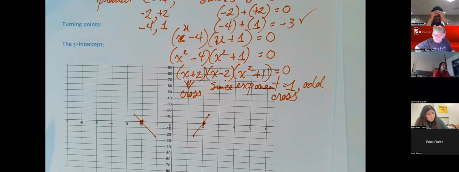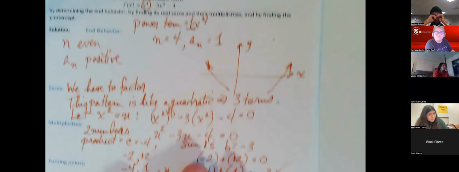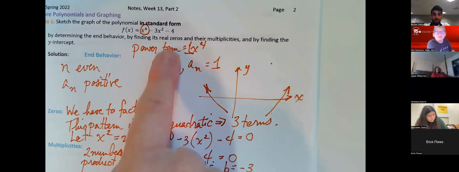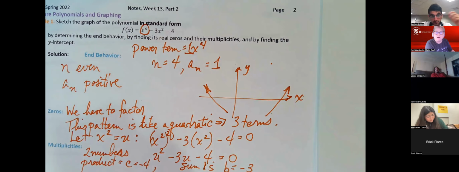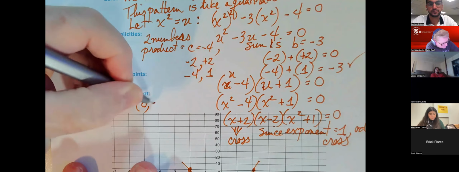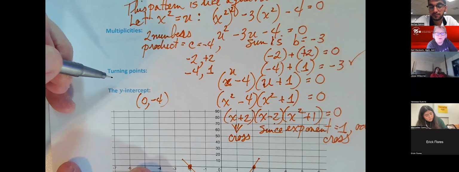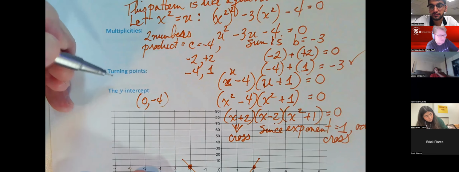And the last thing that we can write down is the y-intercept. In standard form, it's easy to find the y-intercept. It's just going to be 0, comma, the constant. Negative 4 is the constant. So the y-intercept is going to be 0, comma, negative 4. Oh, and we also have the total possible number of turning points.